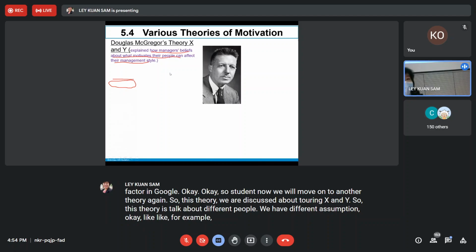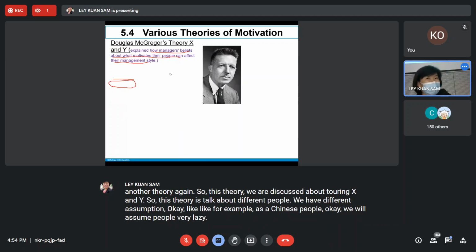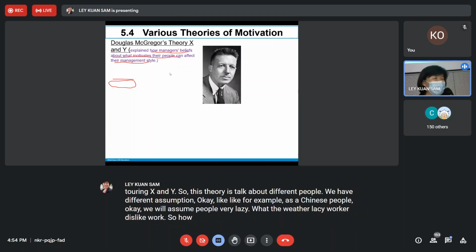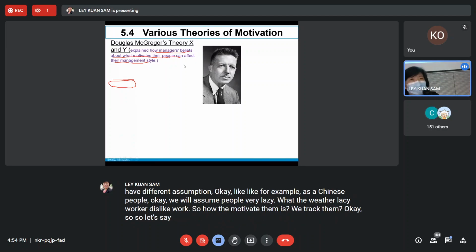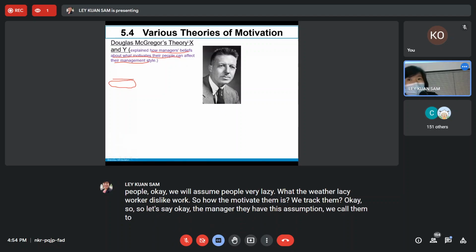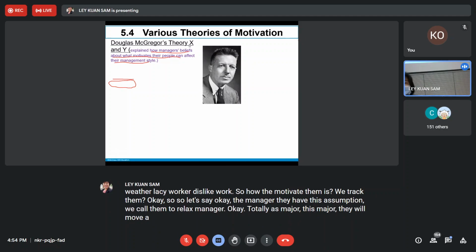For example, as Chinese people, we may assume workers are very lazy and dislike work, so to motivate them we threaten them. If the manager has this assumption, we call them a Theory X manager. This manager views people very negatively.